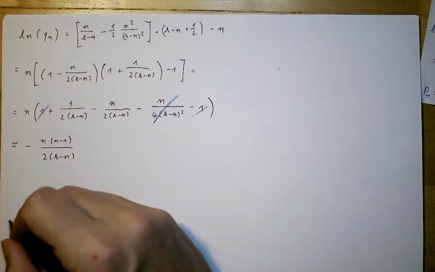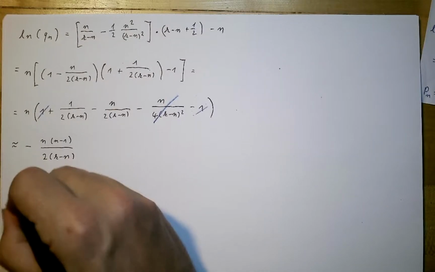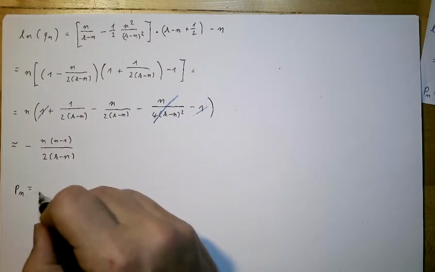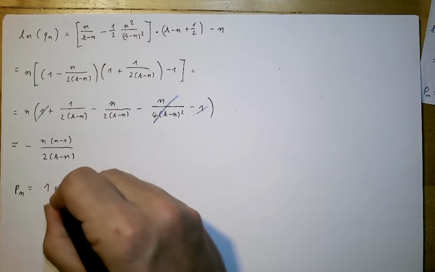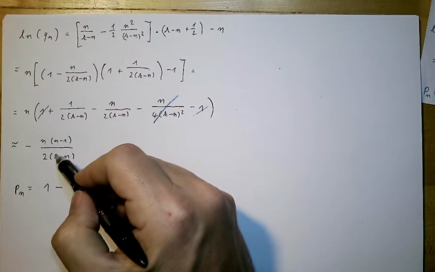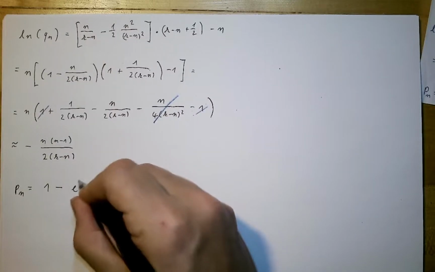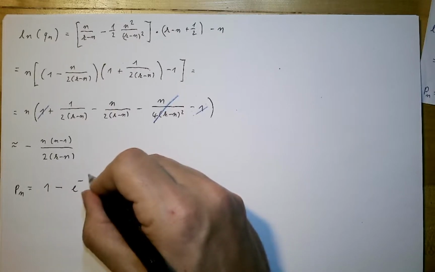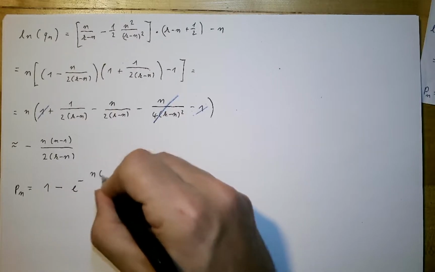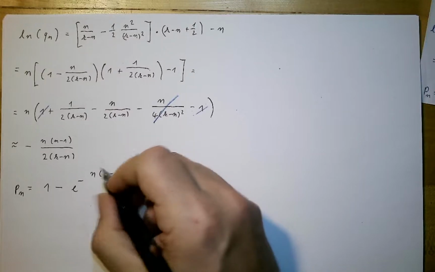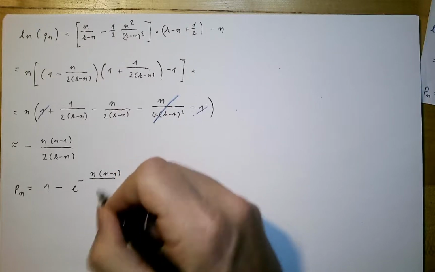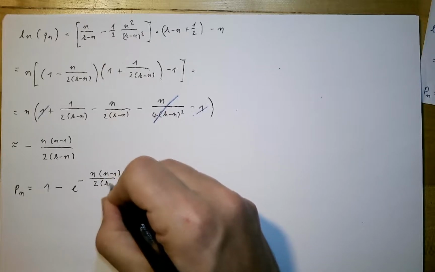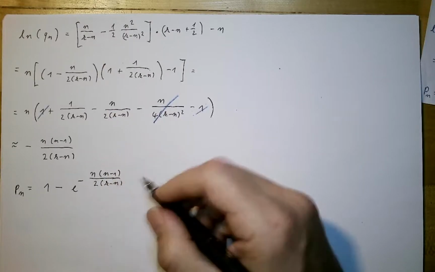And then now we can write down our probability that we are interested in, p, that was 1 minus q, and this here is log q, so q is e exponential to this here, to minus n times n minus 1 over 2 k minus n.